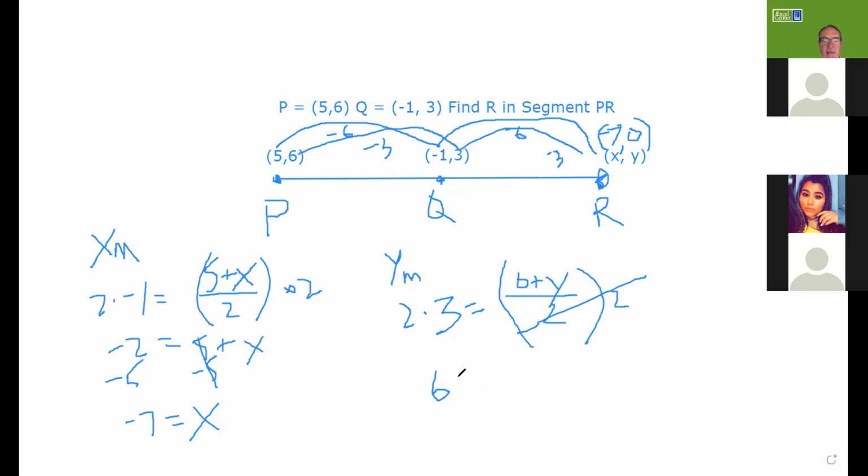So all I'm really doing is taking this midpoint formula and splitting it into a calculation for the X value and a calculation for the missing Y value. I haven't changed the formula. I'm just using it a little bit differently than if we were just finding the midpoint. It's still the same formula, and there I got 0 for Y. And that is the point that I predicted, -7, 0.